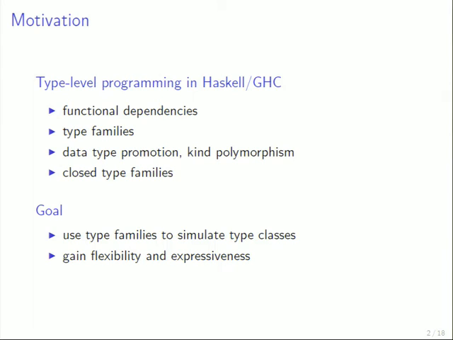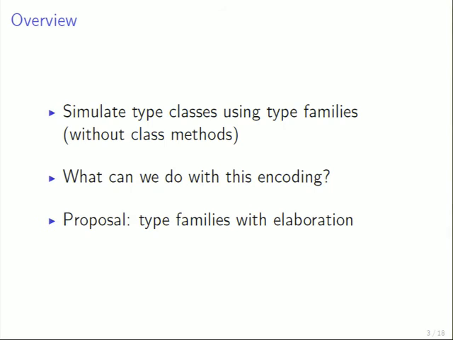In this work, what we wanted to do is use these type families and see how we can use them to simulate type classes, and what there is perhaps to gain in terms of flexibility of the search for type class instances, and also of expressiveness. So I start off with a simplification where I look at the problem without considering the class methods and only view type classes as predicates on types and see how we can simulate type classes using type families.